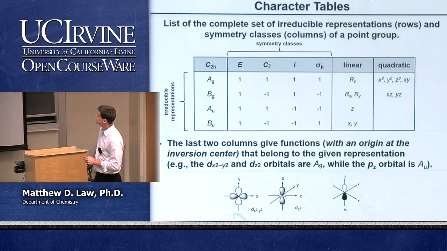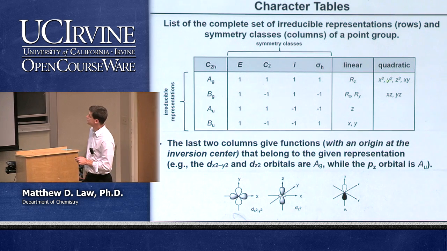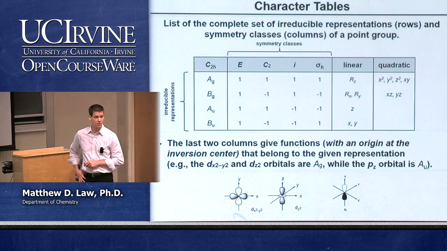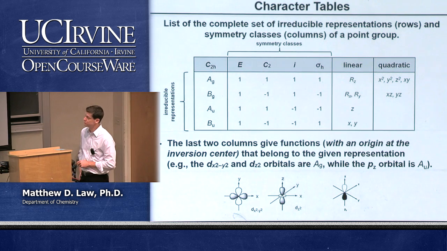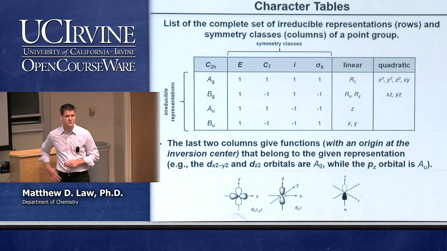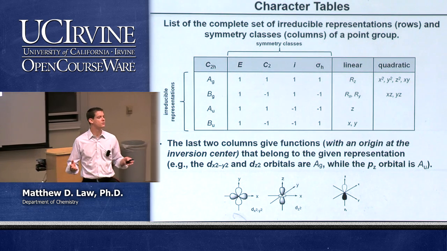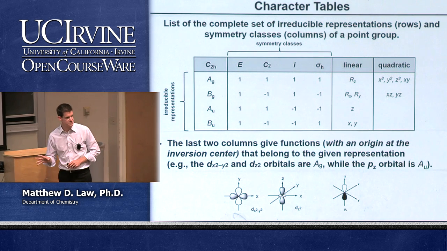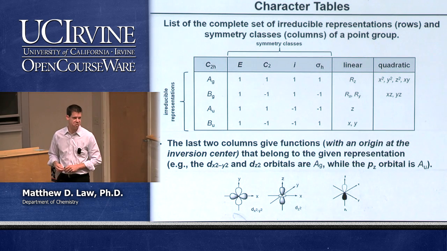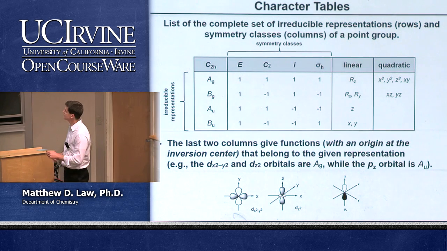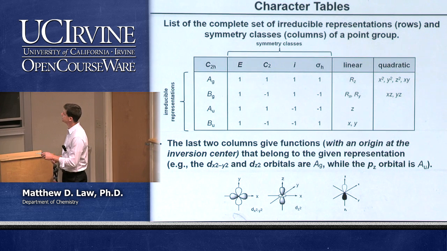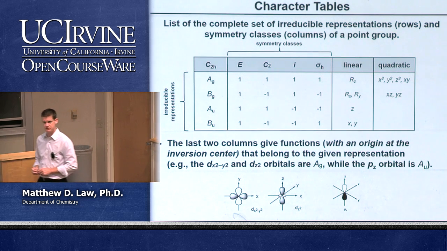So you could have x squared plus y squared, x squared minus y squared, x squared minus z squared, and all of those linear combinations would still have AG symmetry. So it's just to make it more general, because there may be instances where you care about other things than just the real space versions of the d orbitals. So any linear combinations of these functions are still good.